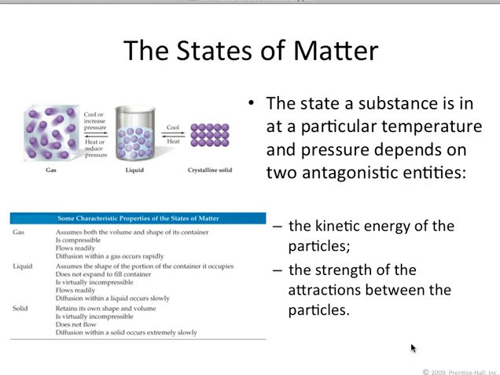If the intermolecular forces are much, much stronger than the kinetic energy, that's going to be the predominant force and the substance is going to be in a solid form. Somewhere in between, the substance is going to be in a liquid form. And those temperatures and pressures at which that happens depends on the substance and the intermolecular forces.